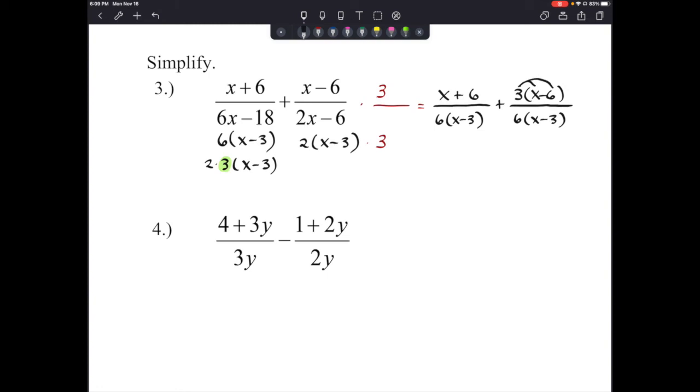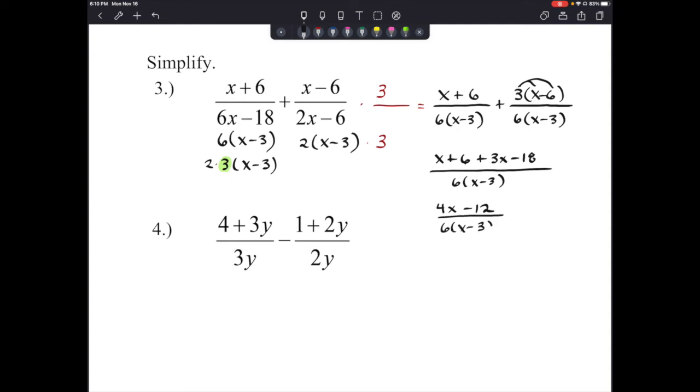Let's distribute this through to simplify our numerator. So we're going to have plus 3x minus 18, now just over 1 denominator. And then can we combine our like terms there? We're going to have 3x plus x would be 4x minus 12, and that is over 6 times the quantity of x minus 3.